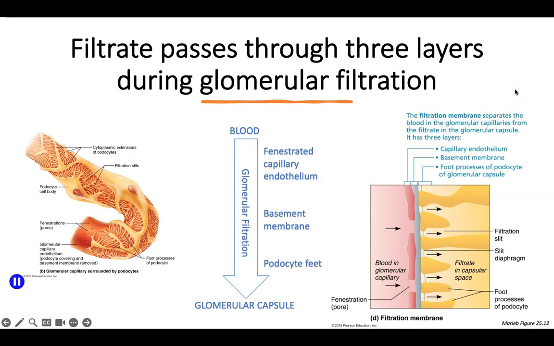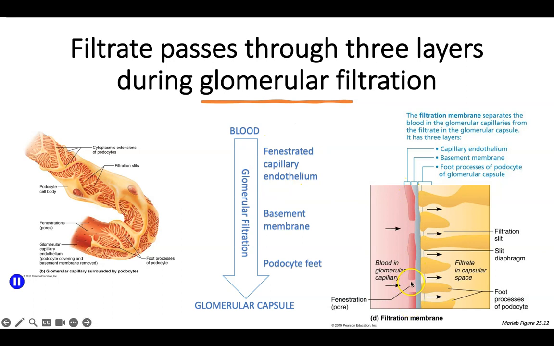That's glomerular filtration. In order to become filtrate, these fluids and other molecules need to go through 3 different layers. From the blood to the glomerular capsule, the substances are going to pass first through the fenestrated capillary endothelium, that's shown here.